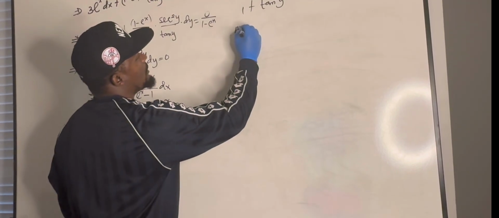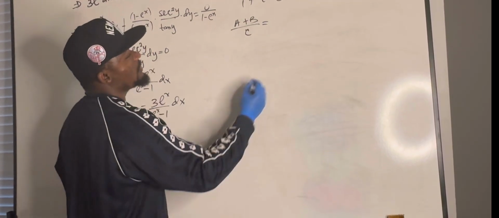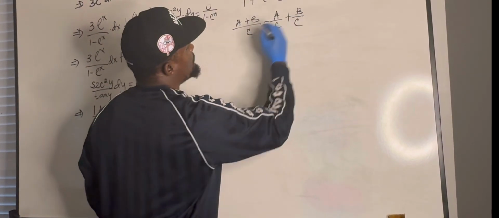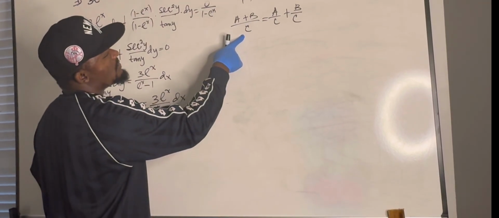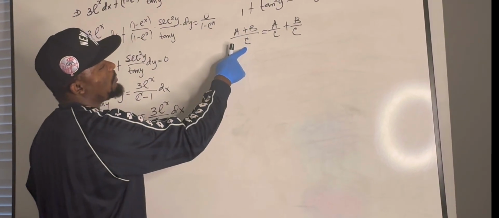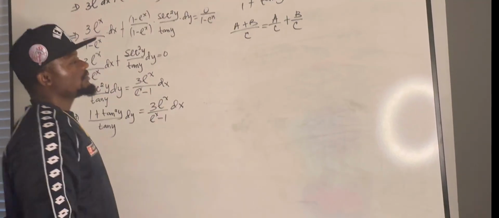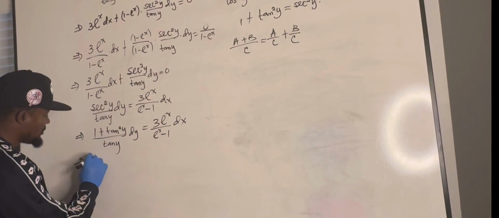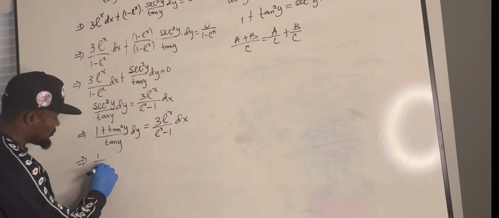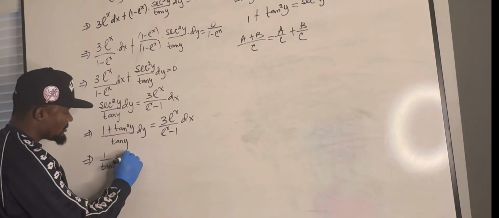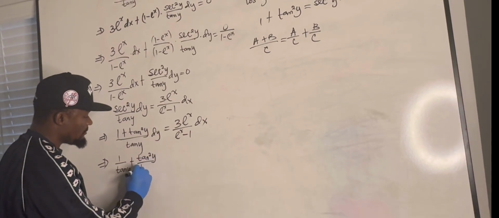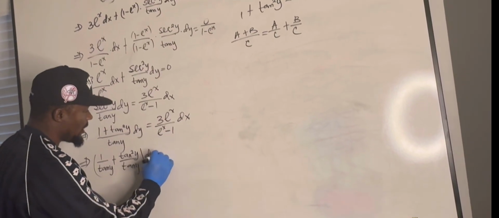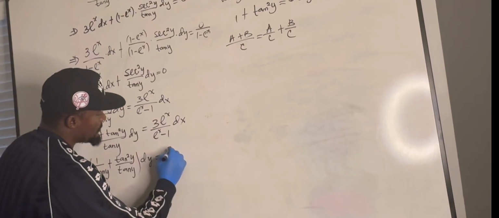If we have (a plus b) divided by c, we can always write it in this form: a over c plus b over c. c is a common denominator for these two terms. So we can apply that here, and we have 1 divided by tan y plus tan squared y divided by tan y, all of these dy equal to 3e^x divided by e^x minus 1 dx.